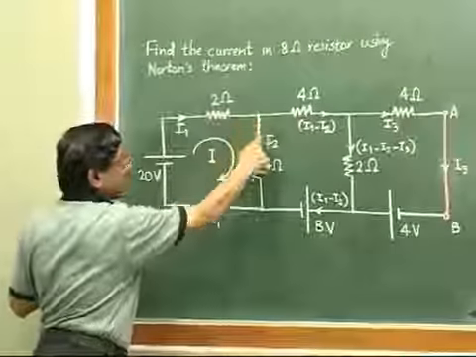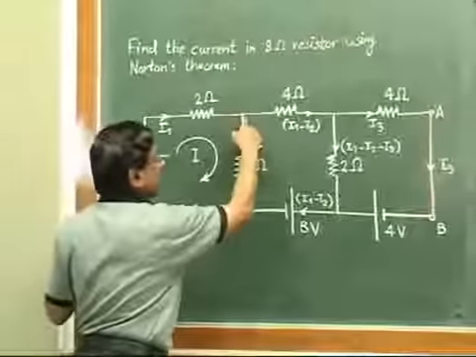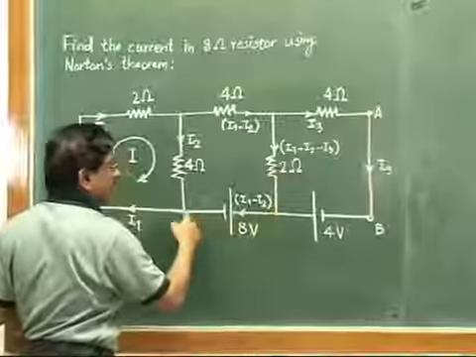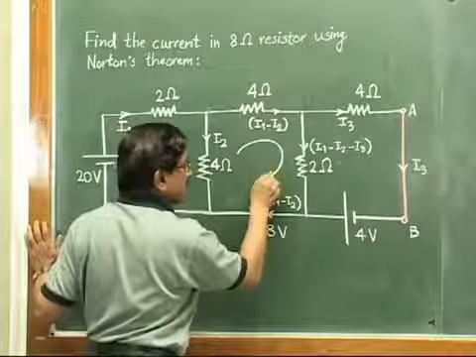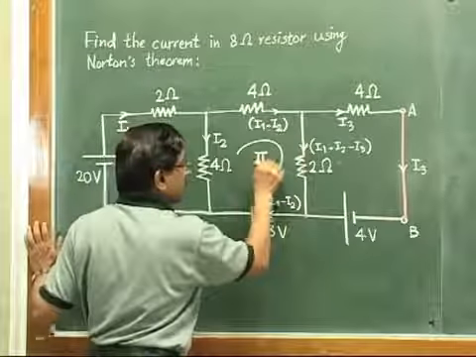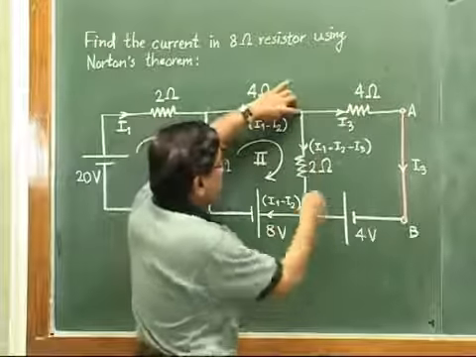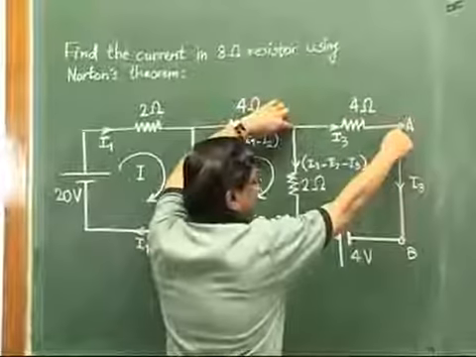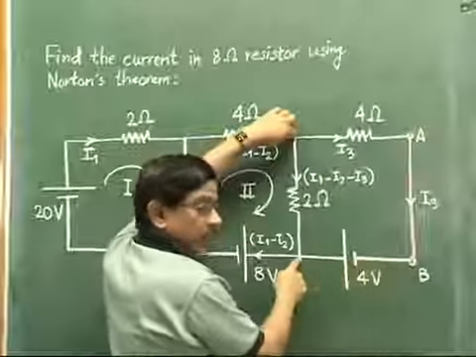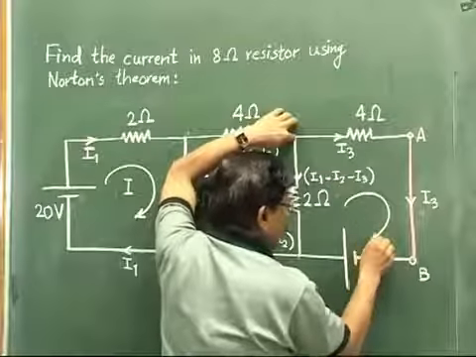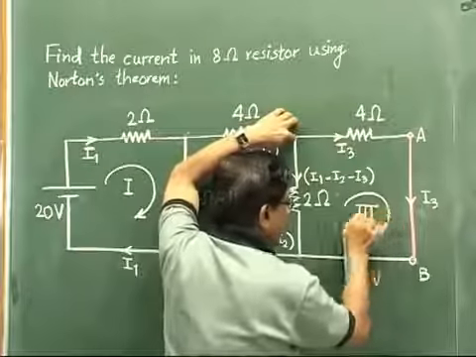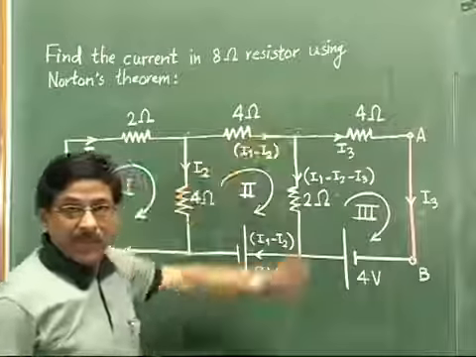Then this middle one, from this point here down left and again to the top, original point, we consider as our loop 2. And then for this point here, then A to B, then B back to this point and upwards, we consider that this is our loop 3. So we have identified 3 meshes like this.